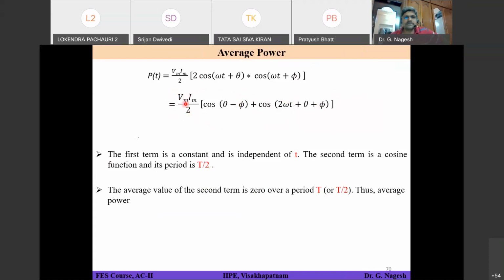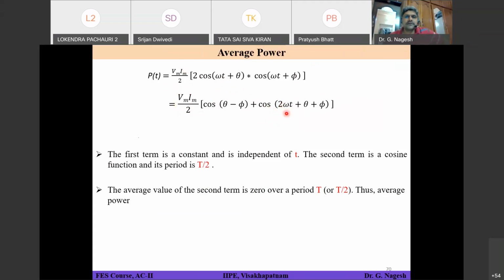Vm is constant, Im is constant, theta is constant, and phi is also constant. So the first term is constant, but the second term is depending on time. So what could be the time period for the second term? Will it be the same as the voltage time period, or something different?